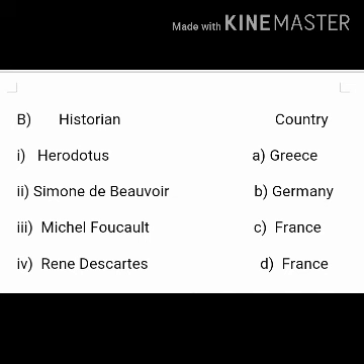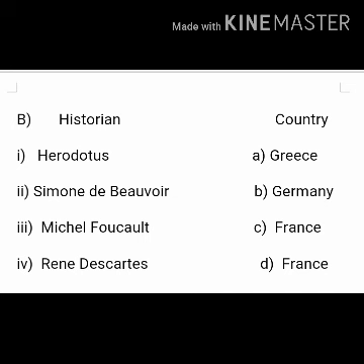Now let's read the second identify. The left side historians' names are there, and the right side country names that historians belong to. So first one is Herodotus. Here do the correction. Germany is given, make it Greece. So Herodotus belongs to Greece. Simone de Beauvoir belongs to Germany. Michael Foucault belongs to France.